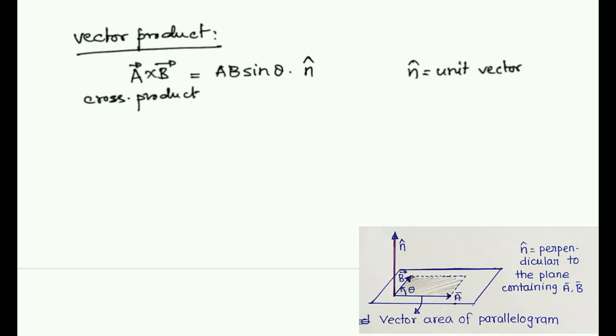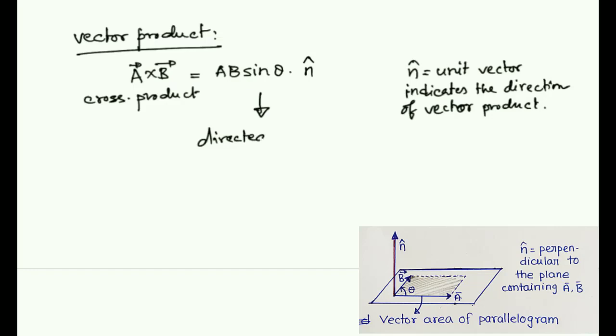Here n is a unit vector which indicates the direction of this cross product, as you can see in the following diagram.